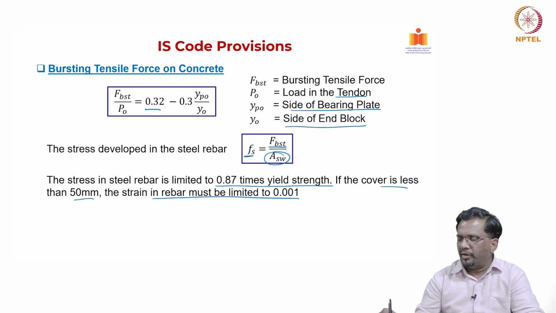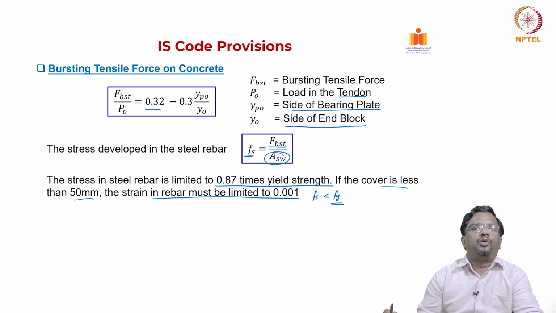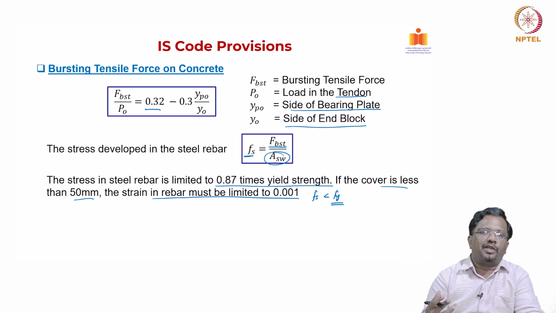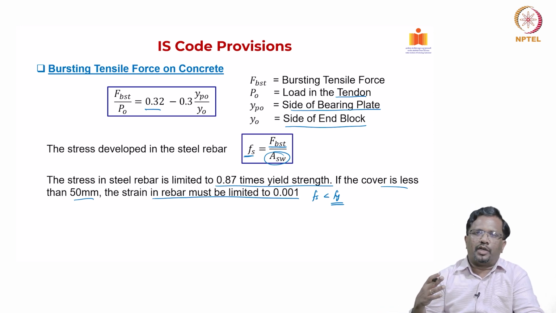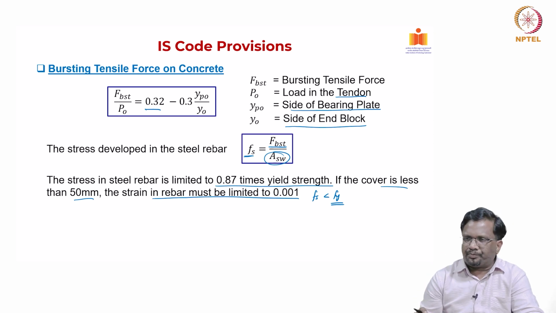That means the Fs will be less than fy, so the steel would not have yielded. So, I have to take a lesser stress. The code is indirectly saying that the cover may give away, so you have to limit your stress in the steel, or indirectly the code is asking you to put more transverse reinforcement to take care of that.